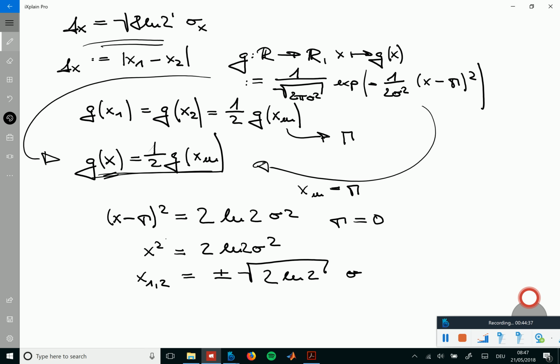And so these are our points now. We have one point x1 and one point x2, and we assume they are symmetric about 0. So one is the negative one, one is the positive one.